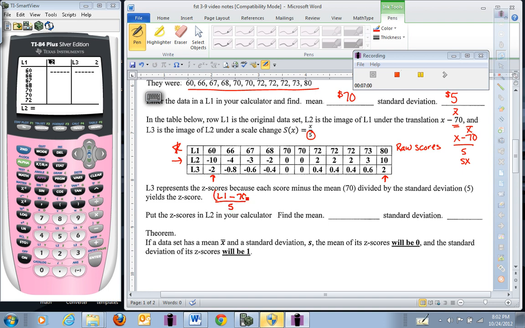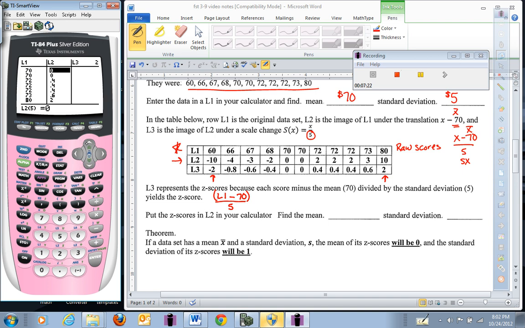We will need to put parentheses around that numerator so it subtracts and gets the answer before it divides by 5. So here we could say second L1 minus 70, all divided by 5. As soon as we hit enter, it should fill in those z-scores. So these are exactly the z-scores that we have in that little table right over there.